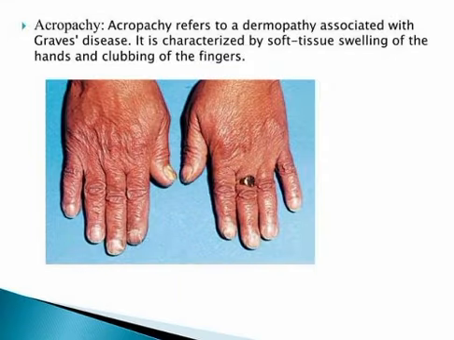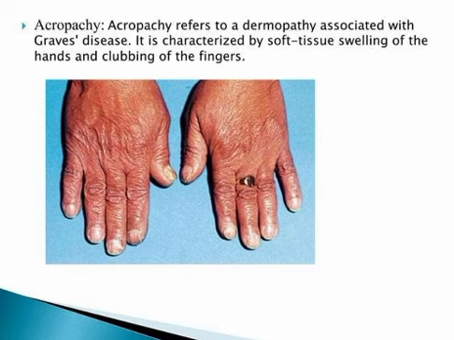So next will be acropathy. Acropathy is another condition, which refers to the dermopathy associated with Graves' disease. Usually it is characterized by soft tissue swelling of the hands and clubbing of the fingers.